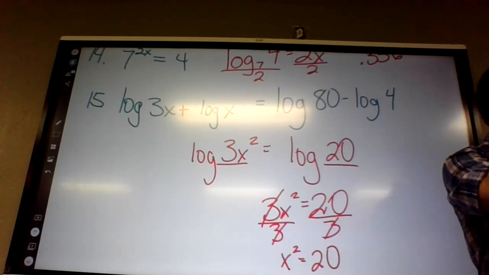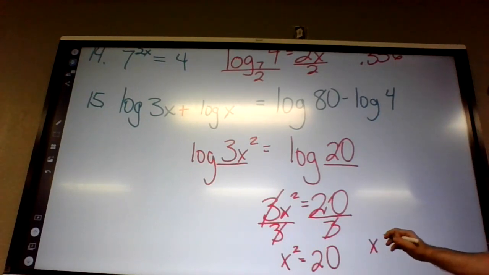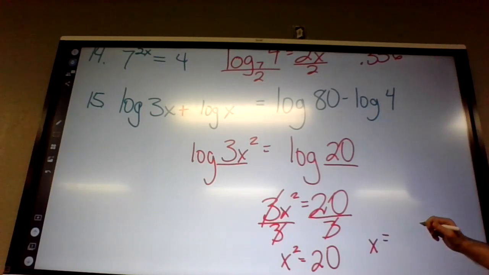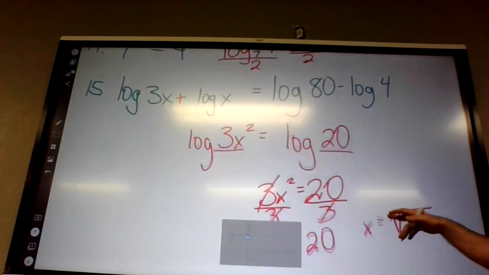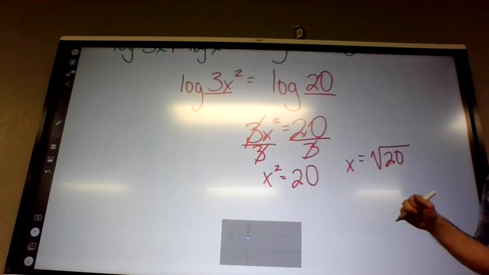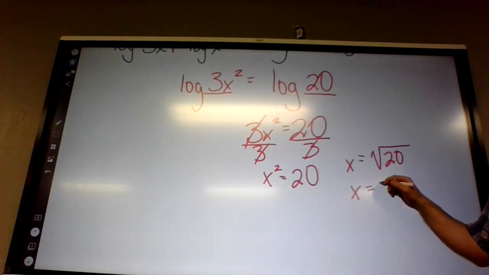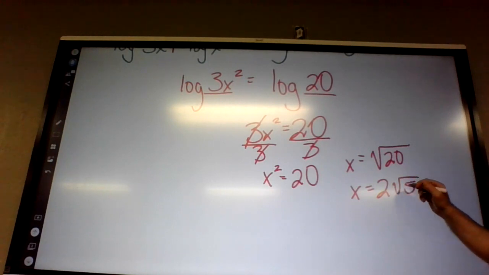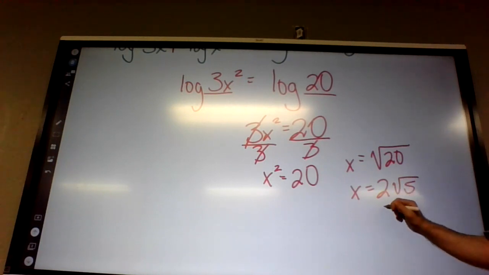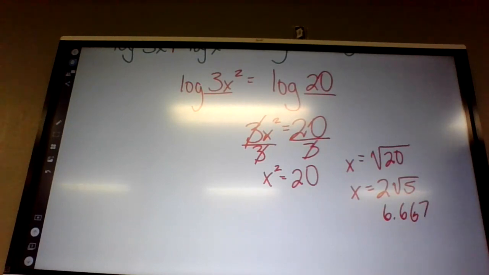And how do I get rid of the square? Plus or minus. Okay, you need square root of 20. Well, I guess I did say round to the thousandths place, didn't I? So I would take 2 square root of 5, or what was the decimal version? 6.6 repeating. So the thousandths place would be 6.667.